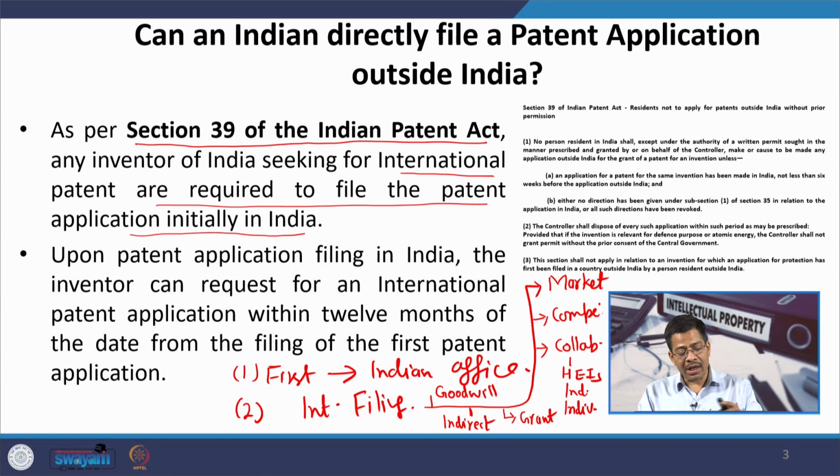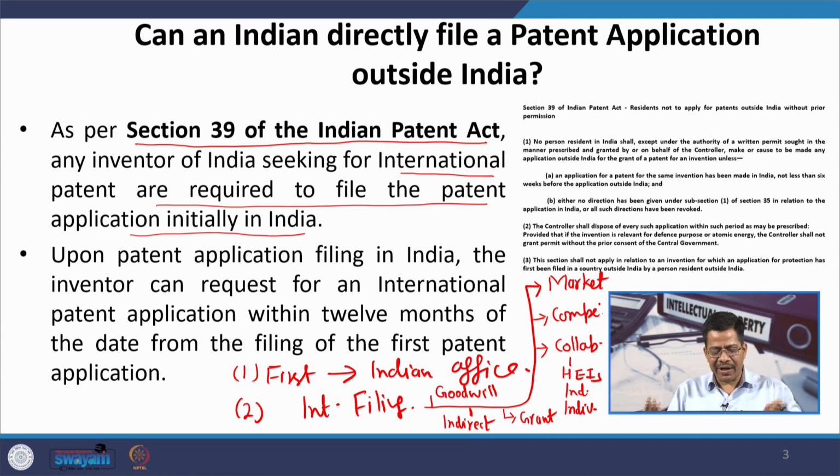going for international filing, foreign filing, is an extra cost to you. Because everybody is going for foreign filing, you should also go for foreign filing, is not advisable. It is very important to see whether you are going to get any of these business interests, then only foreign filing is advisable.